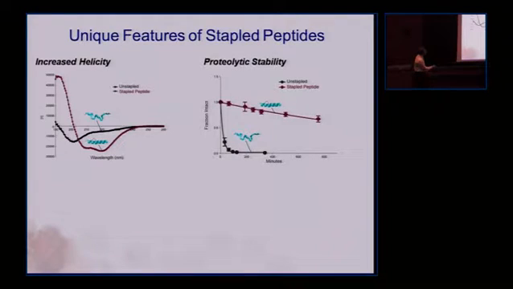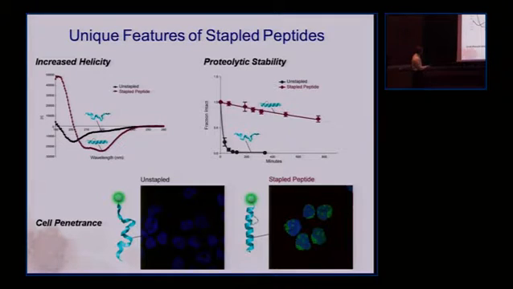Incubating in vitro with trypsin leads to rapid degradation of the unmodified peptide compared to the stapled peptide. And if you put on a FITC moiety, you can see by multiple mechanisms, but here shown by confocal microscopy, that the stapled peptides are now able to penetrate into cells compared to the unstapled versions.